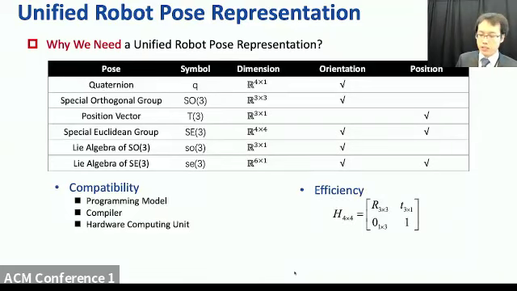The second challenge is efficiency, because when the robotics community designs these algorithms, they mostly design for mathematical purposes instead of computational efficiency. For example, here is a pose representation where you can see we pad many zeros and ones into this matrix, which is not useful computation and also introduces much overhead during real-time deployment.